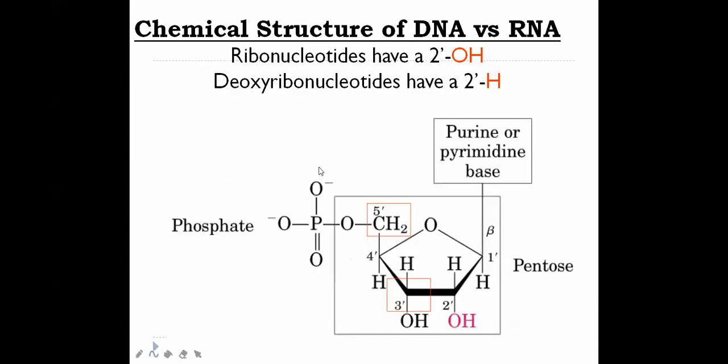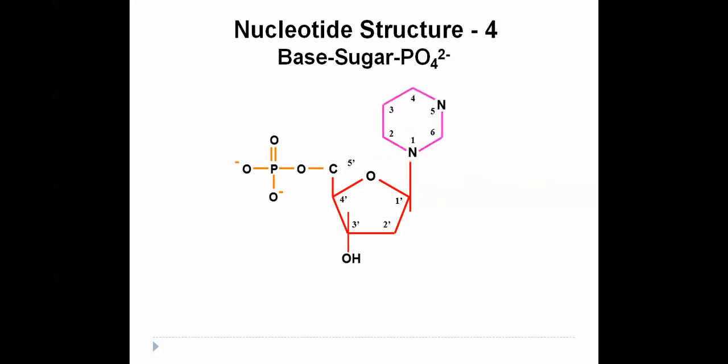So structure again. Ribonucleic acids have a hydroxyl group at position 2, and position 3 is the hydroxyl group. The deoxyribonucleic acids have the hydrogen at position 2. Looking at the diagram, we have a nucleotide here, a phosphate, and a purine or pyrimidine, which is a nitrogenous base.